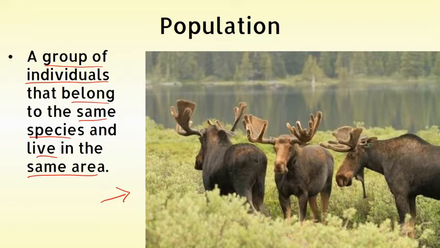So there is a population. And again, we're looking at just this group that lives with each other in that same area, because we're not going to look at how different groups of moose live throughout the world when we're studying at the population level. We're only looking at an individual group in that same area living together and how they interact.